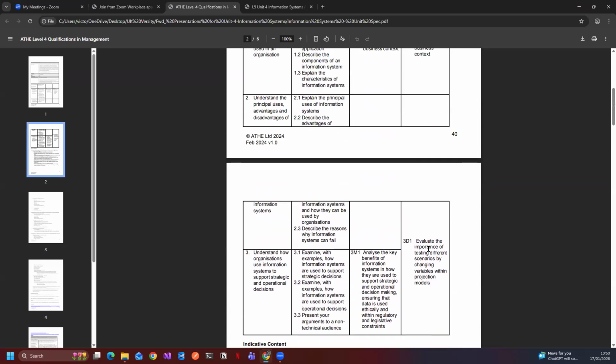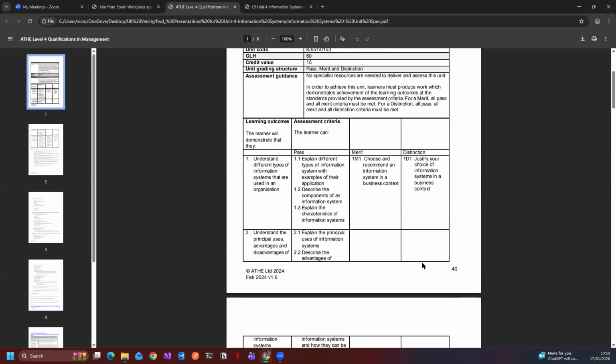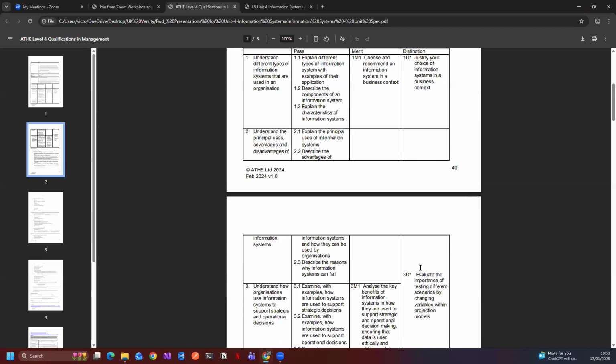enterprises. So we've covered our three major learning outcomes, where we looked into understanding the types of information system that are used in organizations. We looked at understanding the principal use, advantages and disadvantages of them.